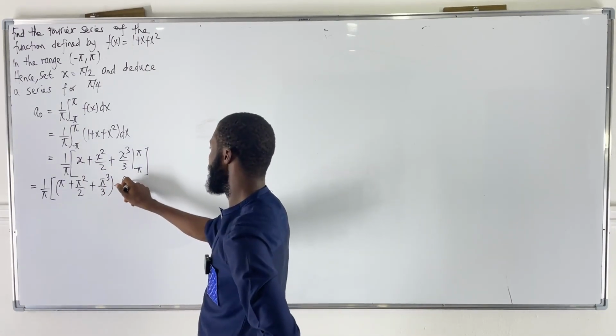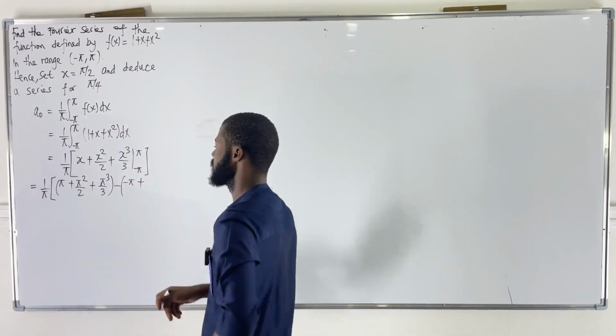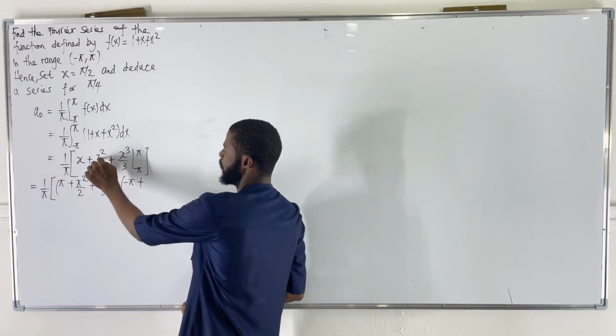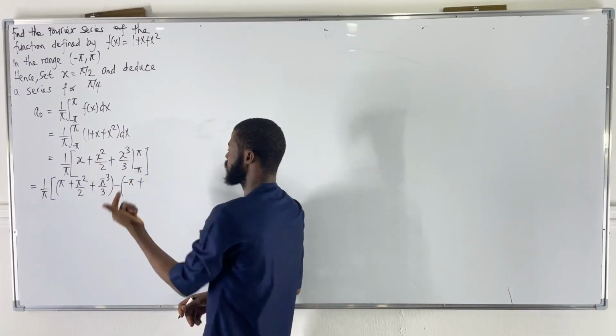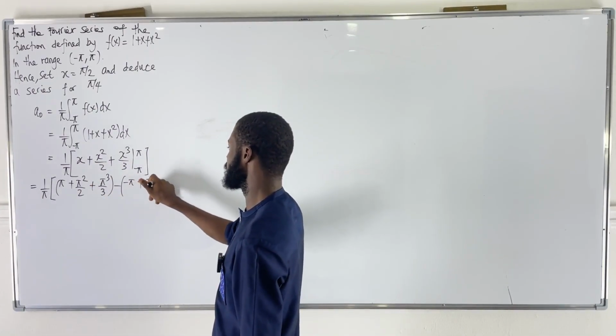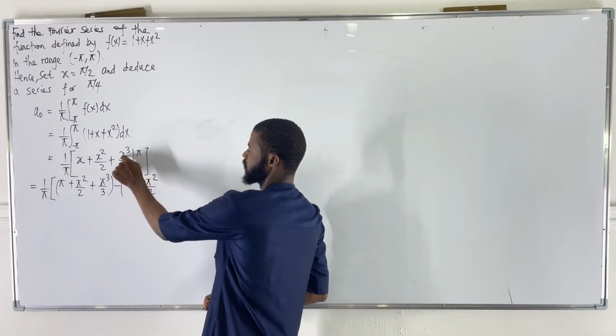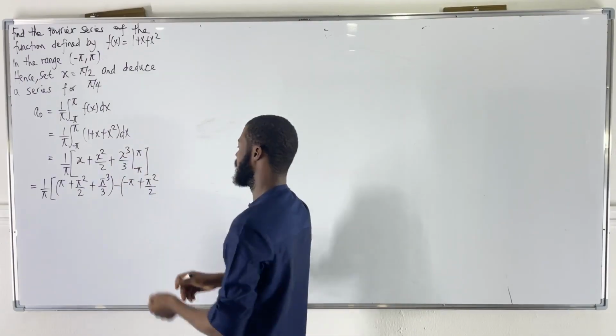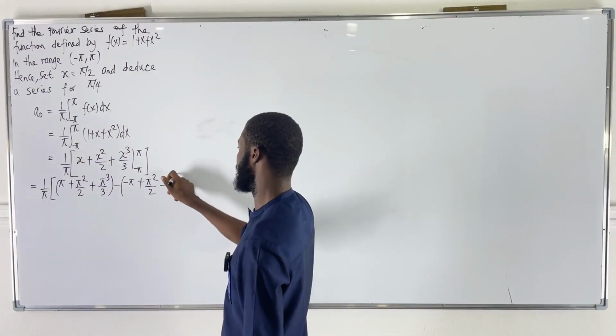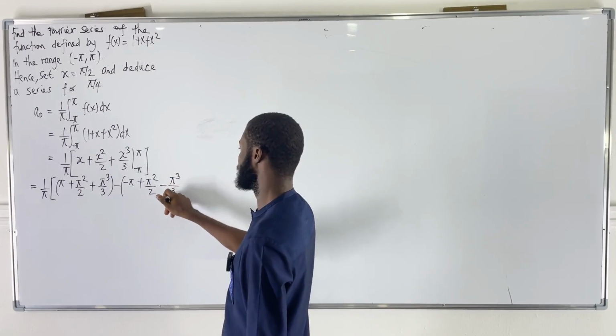So this will be minus pi plus, to save us stress, because we have the square part, minus pi squared is still pi squared. So this will be pi squared over 2. If you put your minus pi here, minus pi raised to the power of 3 is still minus pi raised to the power of 3 all over 3.